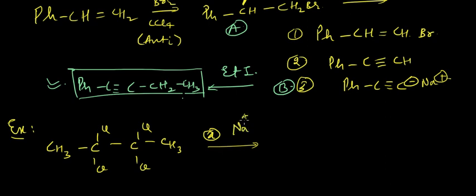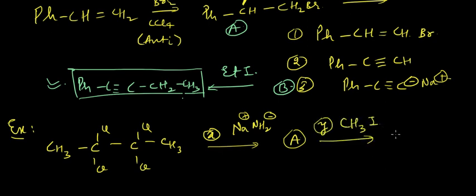X moles of NaNH2 is required here to form a product A, which reacts with Y moles of CH3I to form the final product as something like this, C and CH3. So you have to identify values of X, A, Y.